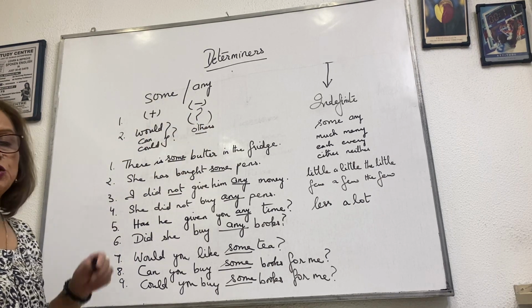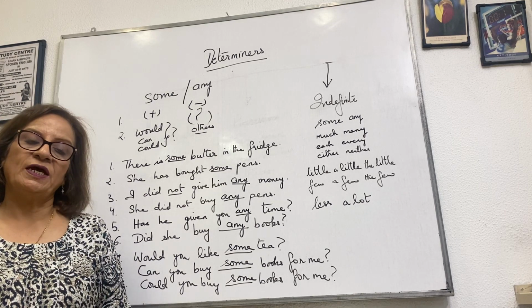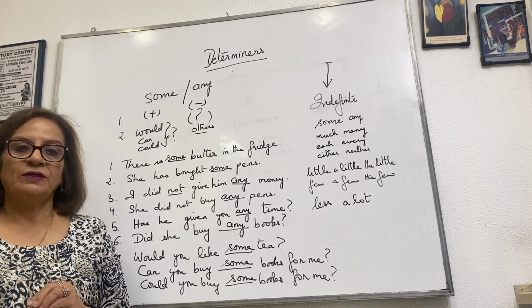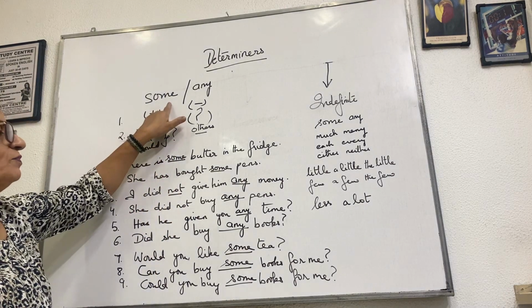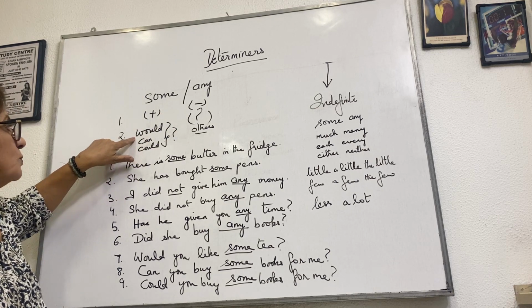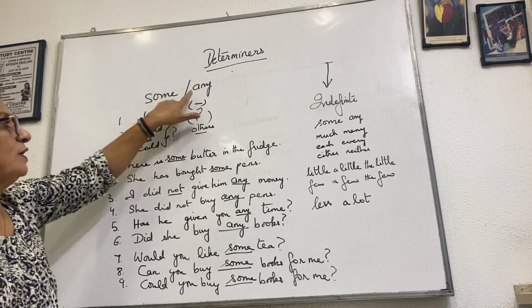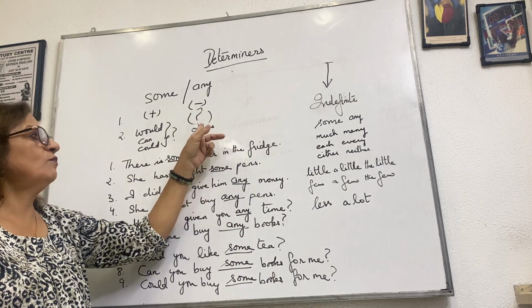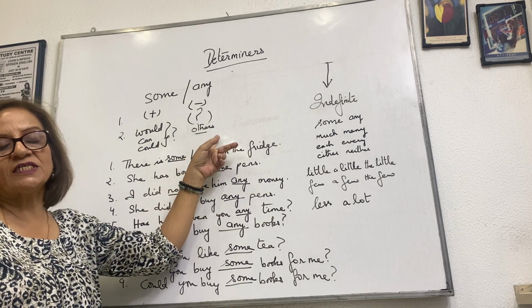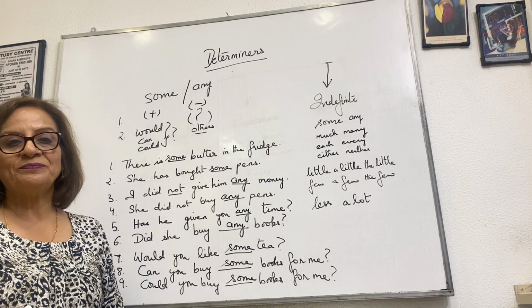If you keep these two rules in your mind, you will never get confused and you will always write the correct word, some or any. So the rule says some we use for positive, but if the interrogative question is asked with would, can or could, then also we use some. Any we use with negative or with any other than these three. If the question is asked, we use any. Is it clear, students?